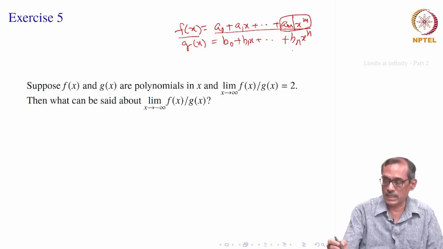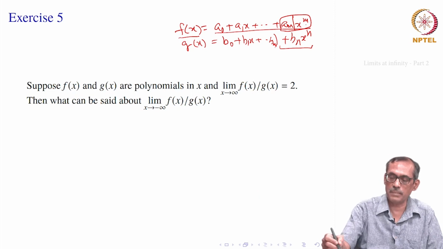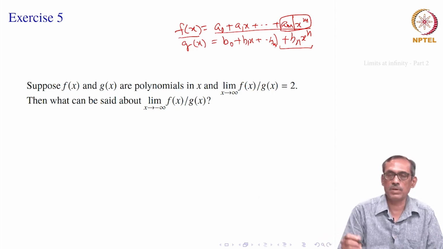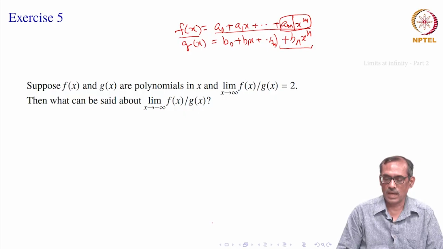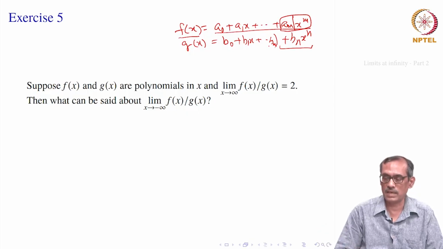In the denominator, that will give some b m, but the other terms will keep x, so that becomes infinity. Then f x by g x would go to 0. So, if m is smaller than n, this limit will become 0, and if m is bigger than n, then similarly the limit will become infinity, because some x will remain in the numerator and the denominator will be constant after you divide by x to the power m.